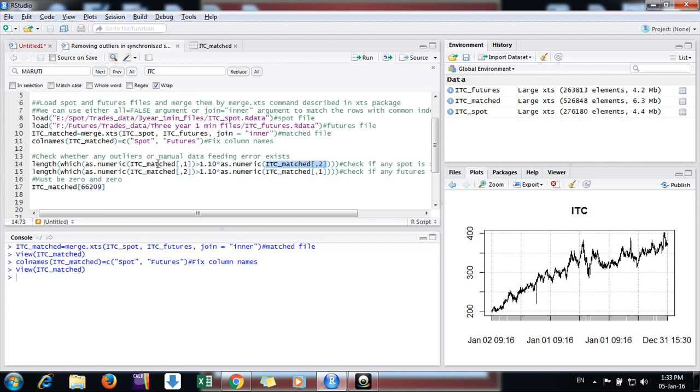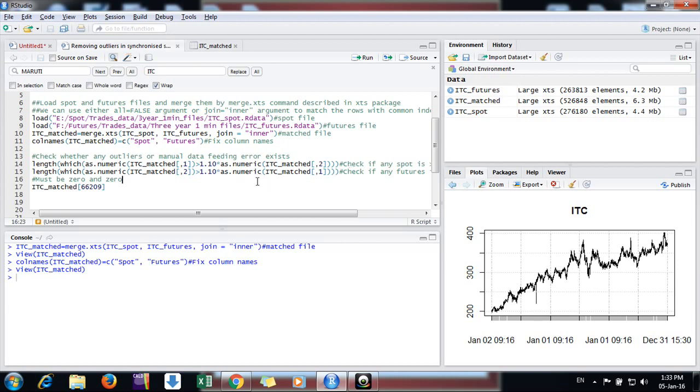So if the spot price is more than 1.1 times the futures, that is, if the difference between spot and futures is more than 10%, we are going to remove that.